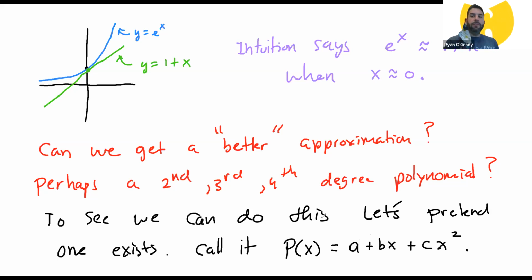Let me rephrase: if p is going to be a good approximation of e to the x, it's got to be that p of 0 is the same as f of 0, and the derivatives match.